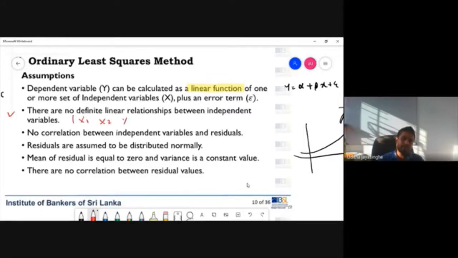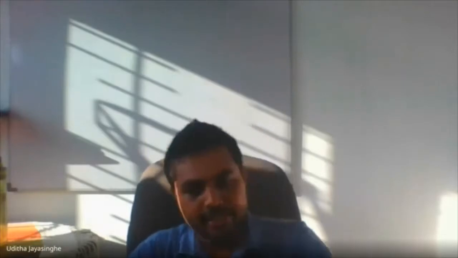Now, these are again going to be some independent variables. What is this point going to tell you? We have to discuss this thoroughly and understand. This is going to tell you that there is no definite linear relationship between the independent or the x variables per se.